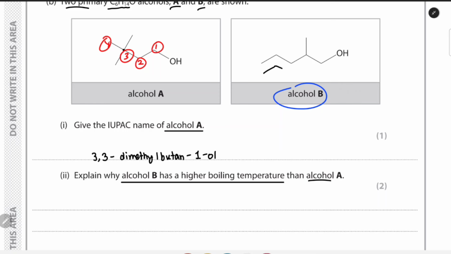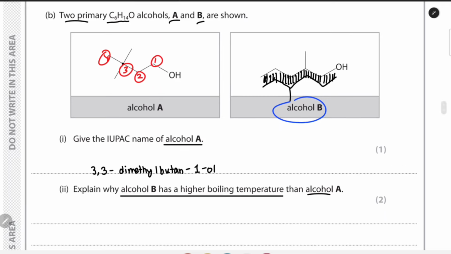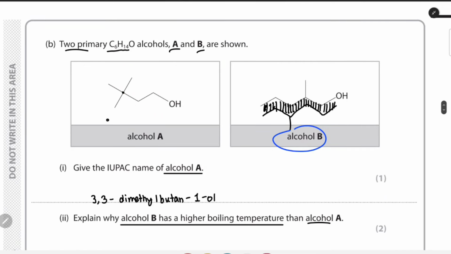This is due to the fact that straight chains can have a greater area of contact when they are close to each other. If you look over here, there is significant area of contact between 2 molecules of alcohol B. If I draw another molecule of alcohol A over here, the area of contact is much less.